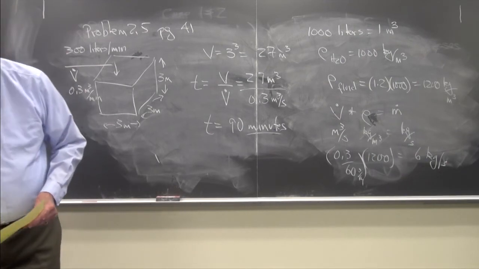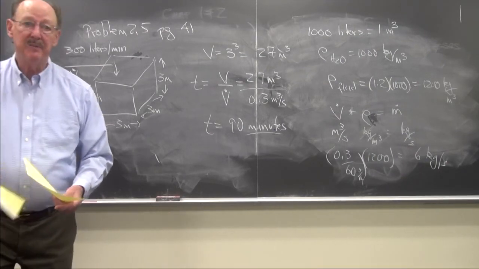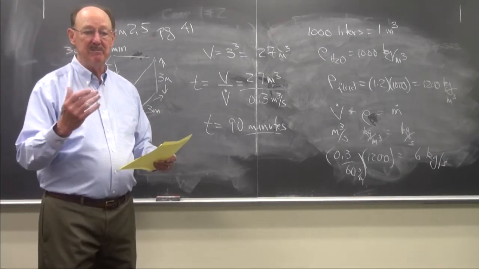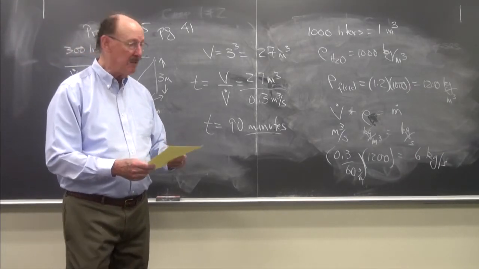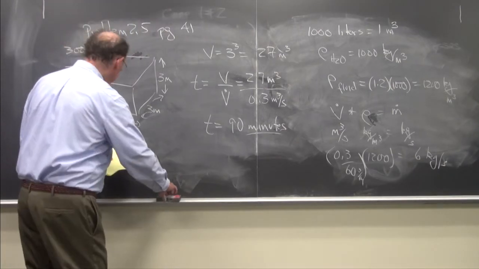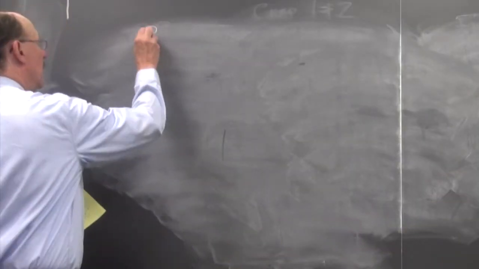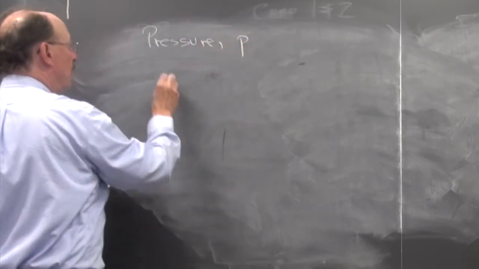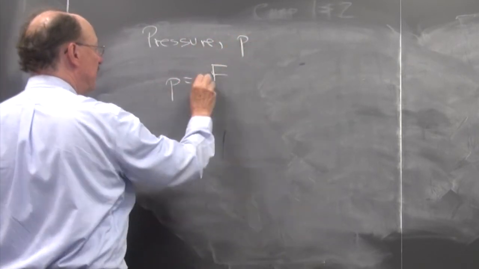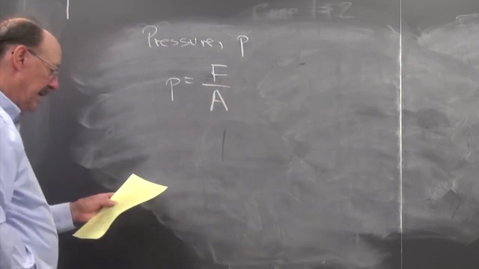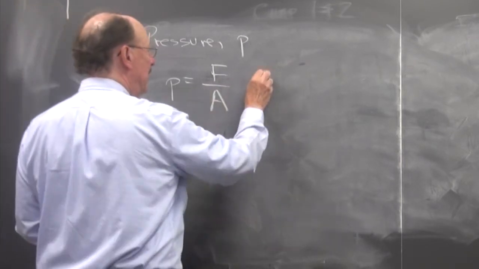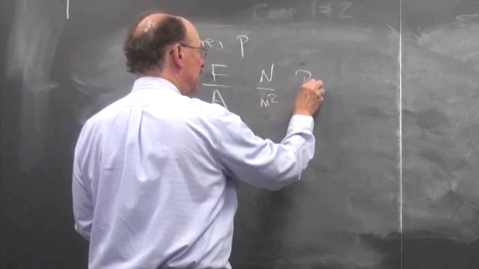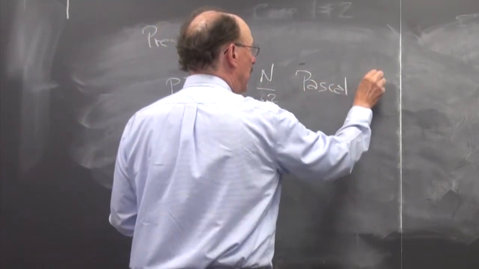Now let's look at another property, pressure. And pressure is the intensive property related to volume. So we can see that there is some connection here between them. So P is equal to force divided by area, and I have newtons per square meter, and this is called a Pascal, or Pa.